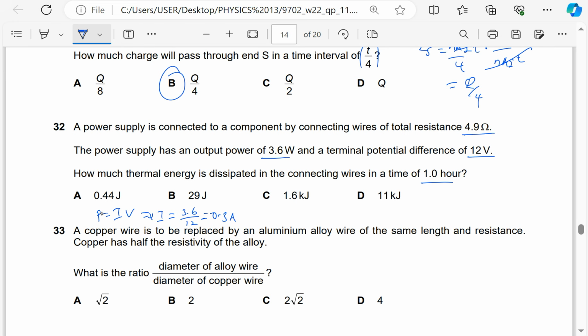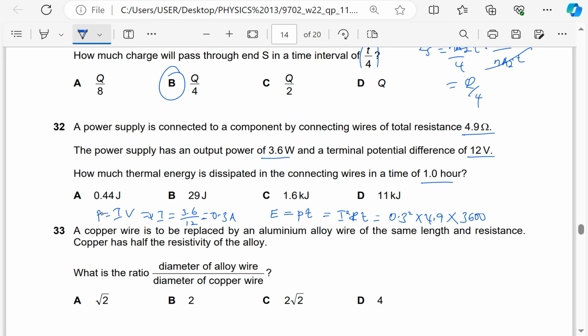Okay, I used the terminal PD across the terminal and the power dissipated. The power supply has an output power of that. I'm assuming the internal resistance is negligible. So the energy which is dissipated is going to be the power times time, where power is I squared R, then times t. The current is 0.3 squared times R, which is 4.9, then times t, which is 1 hour, which is going to be 3,600 seconds.